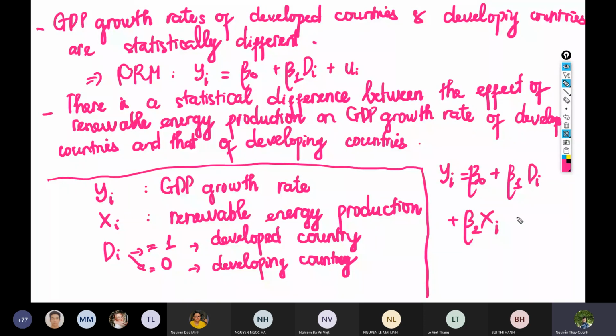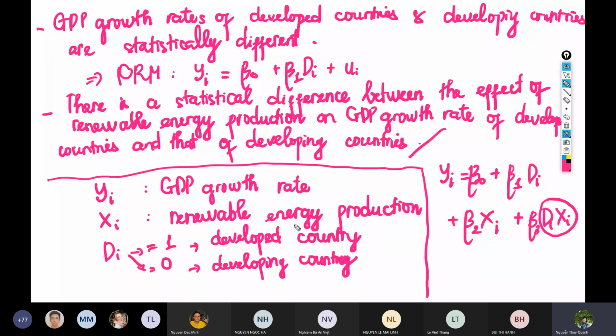But a must-have independent variable here is the product, the interaction term between d and x. Do you remember that? We have beta 3 times di times xi. This one is a must-have independent variable in the model to test for this hypothesis.